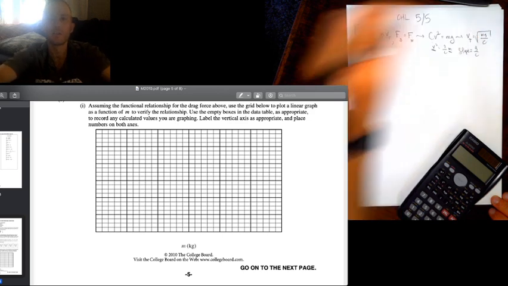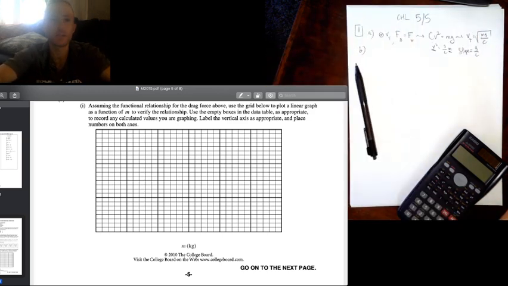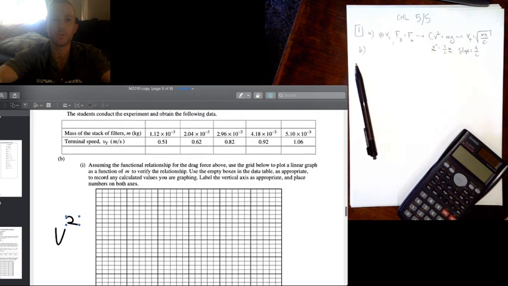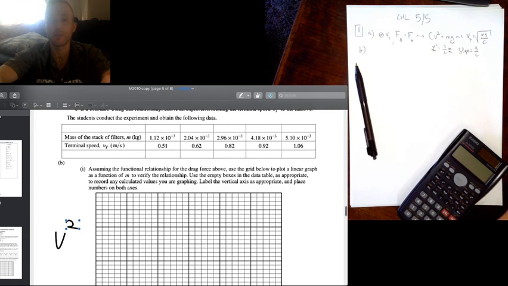Okay? So what I want to do is put v sub t squared on the vertical axis.